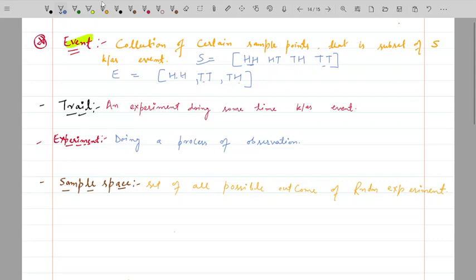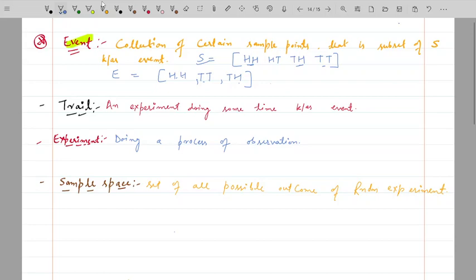So this is a collection of certain sample points that are a subset of the sample space, and that is called an event.